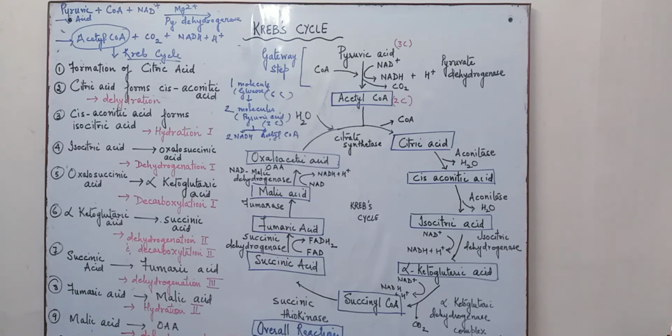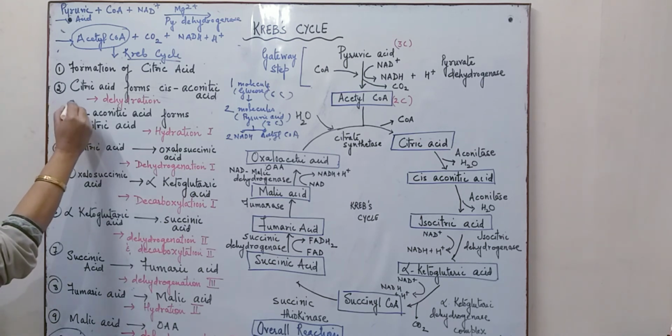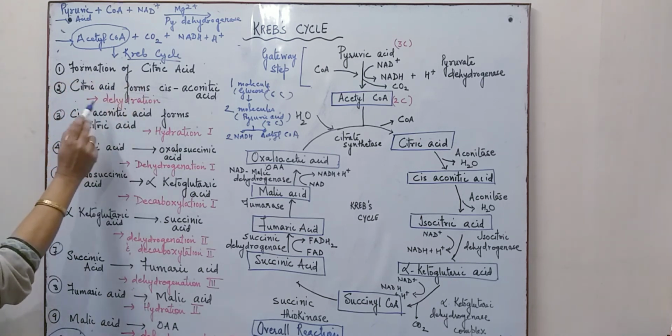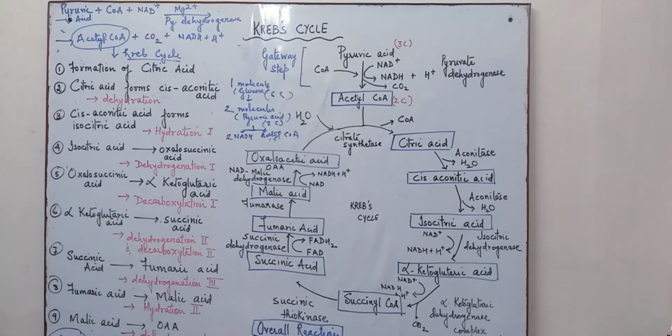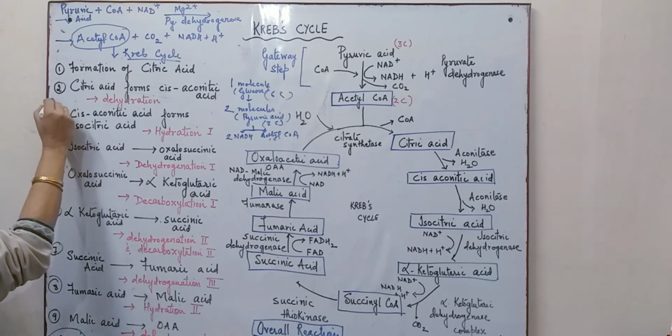Now this citrate synthase is an enzyme that guides the entire reaction, and the coenzyme A, which was the cofactor, is removed during the formation of the citric acid. The next step is dehydration. That is the first step, formation of citric acid. The second step is the formation of cis-aconitic acid from citric acid, and the process is known as dehydration.